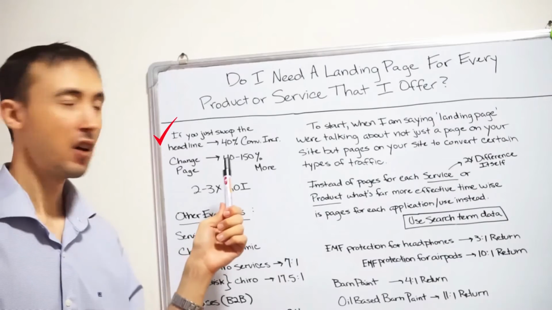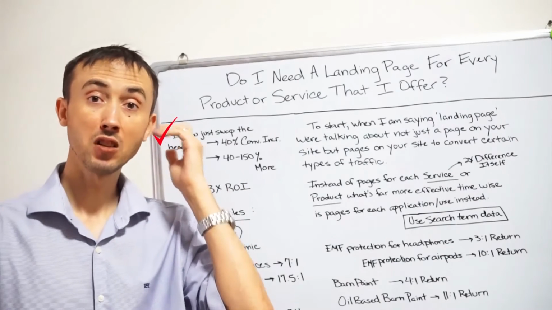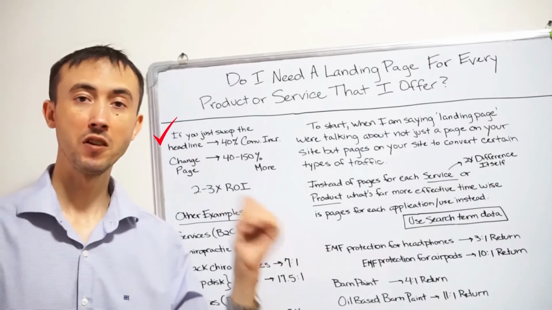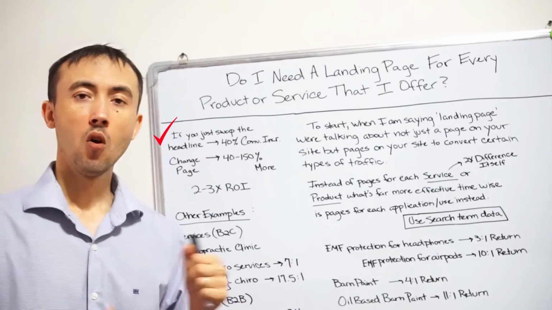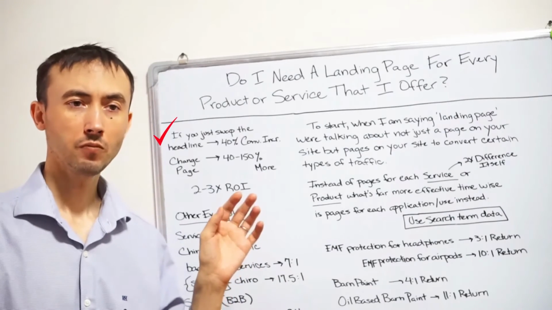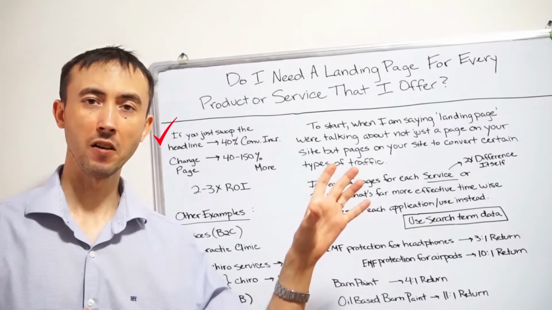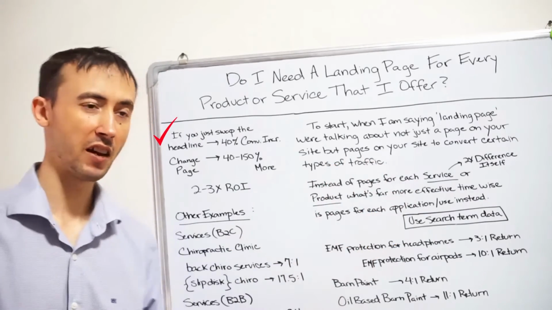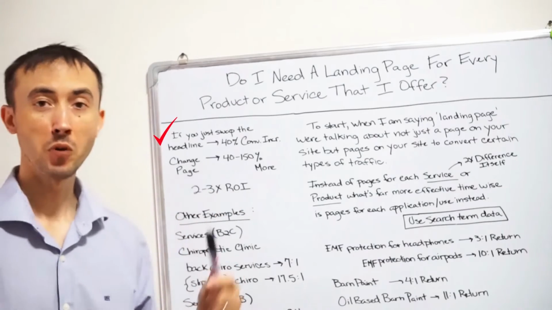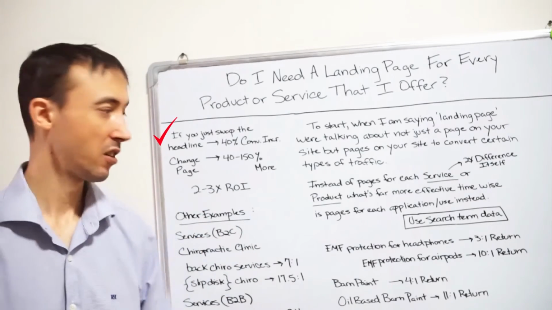So if you convert 2 to 3 times better, your landing page experience score, which is one component of your overall quality score, is about 1/3 of the quality score algorithm that determines how much you're paying per click. So you could potentially pay 1/3 less per click.